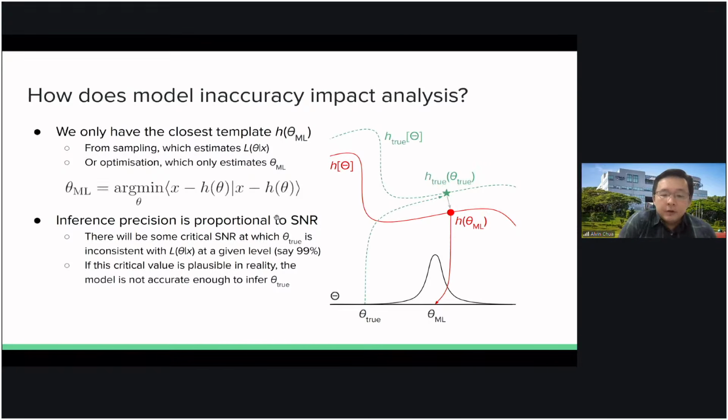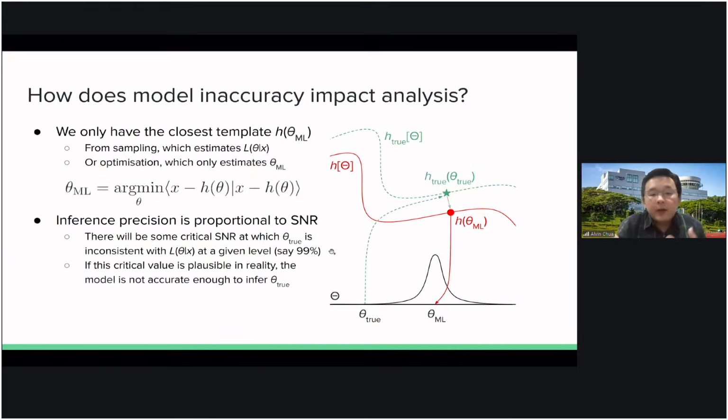This likelihood here, as a density, its sharpness is essentially the precision of inference that you can attain, and this is well known to be proportional to the SNR of the signal. There will be some critical SNR at which theta true, the true parameters, which is what you were after, are inconsistent with the likelihood at a given significance level, let's say 99%. That is as depicted in this particular example.